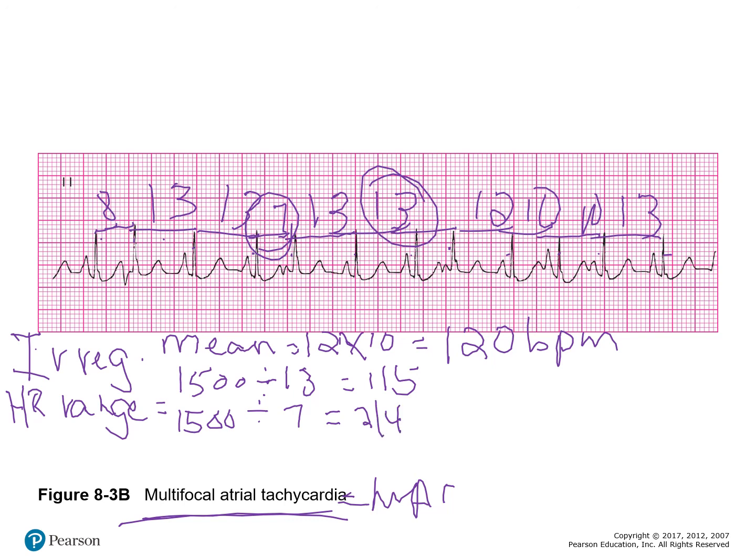So our heart rate range is 115 to 214 beats per minute, which fits the criteria of a MAT because it's anything greater than 100 beats per minute.